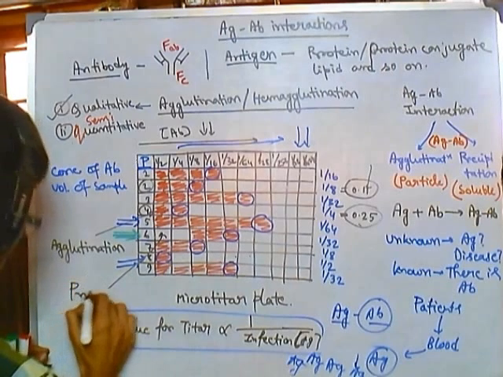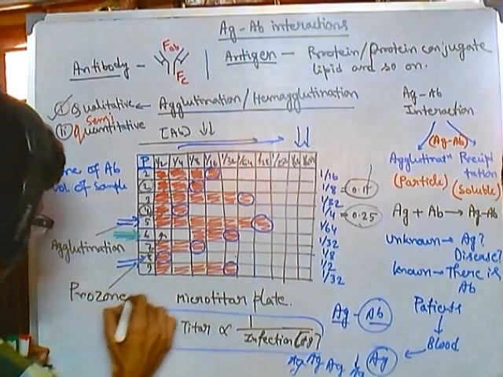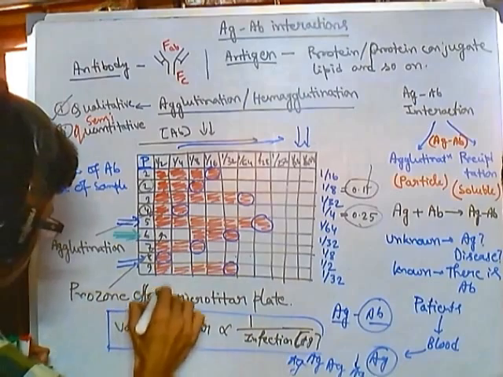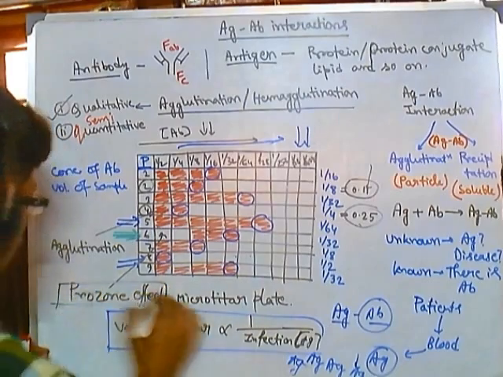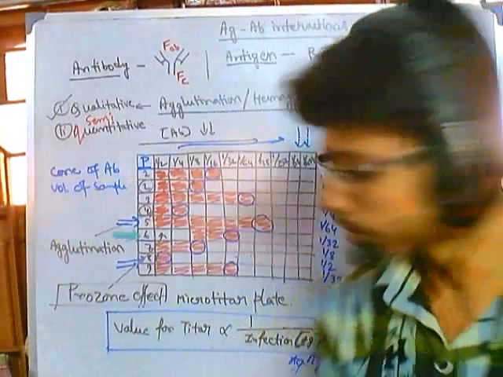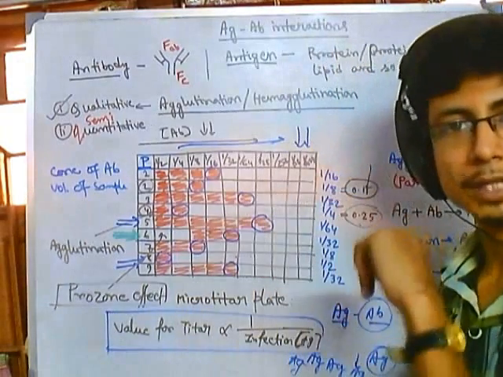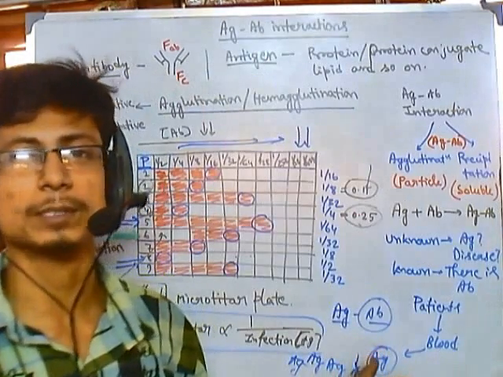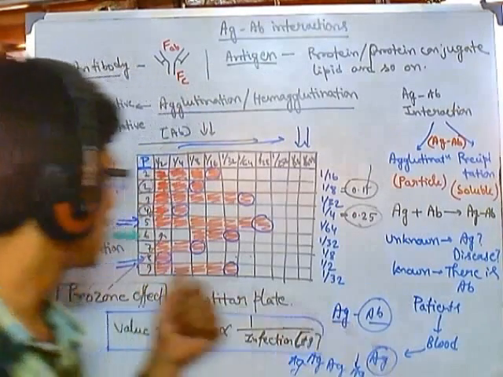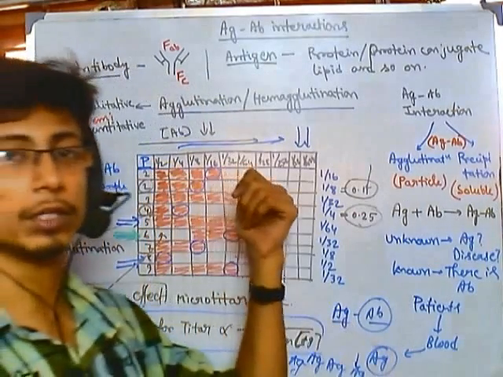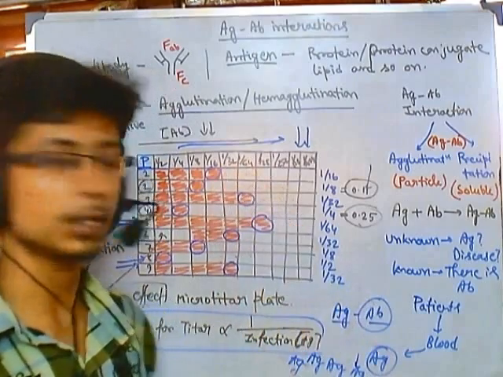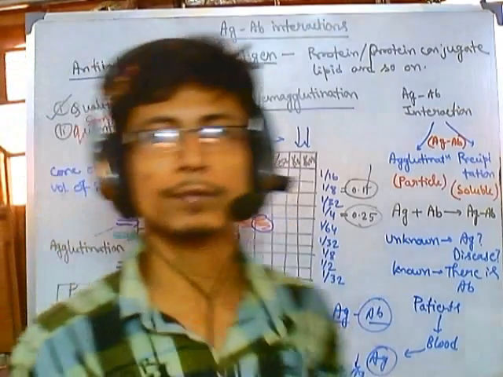Prozone effect. So this is also a terminology you can remember. This is the explanation for that. Remember, I have told you that antigen antibody concentration is very important for the proper reaction, and you have seen that if there is a higher concentration of antibody, they cannot interact. Okay, so that's it, and I hope that's helpful. Thank you.